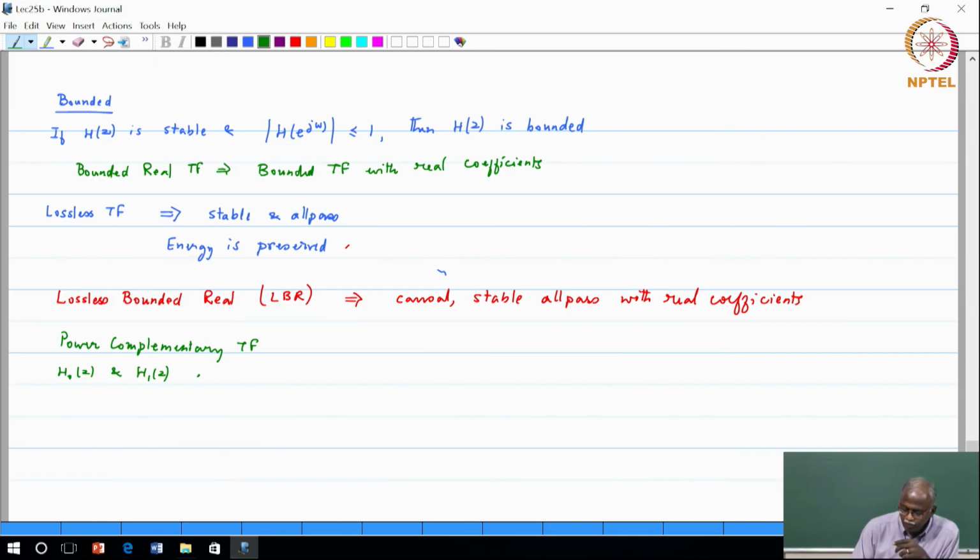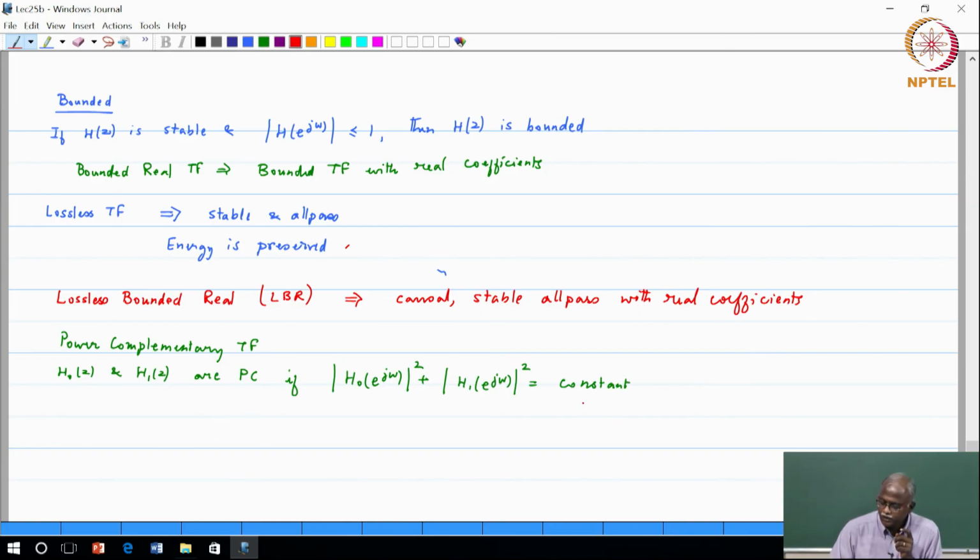They are power complementary (PC) if they satisfy the following property: |H0(e^{jω})|² + |H1(e^{jω})|² is equal to a constant. I would like to take it to be equal to 1 for all values of omega.